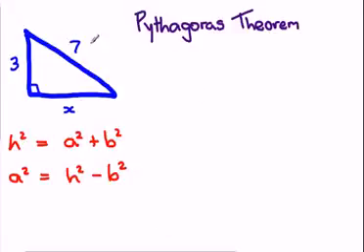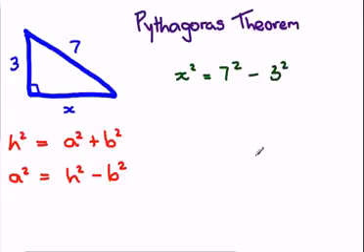Our information here, hypotenuse is 7, our other side, which we're going to use for b, is 3. So let's write down x squared. Now this is my a here. X squared is equal to the hypotenuse squared, 7 squared, take away 3 squared.